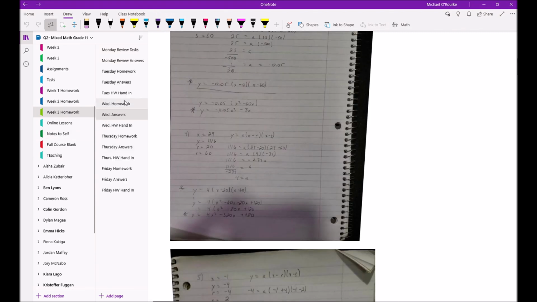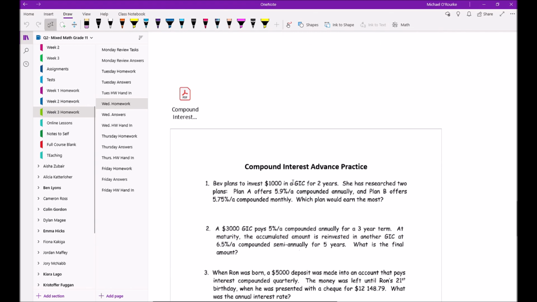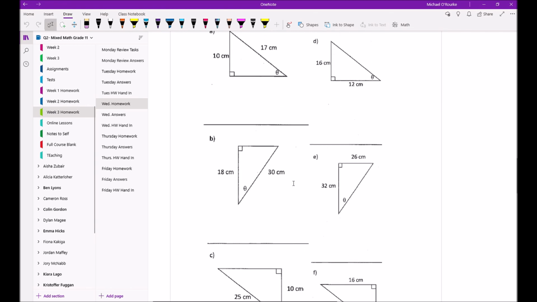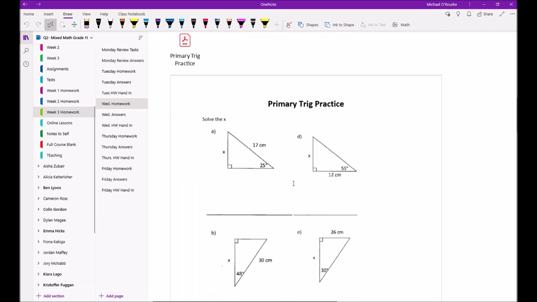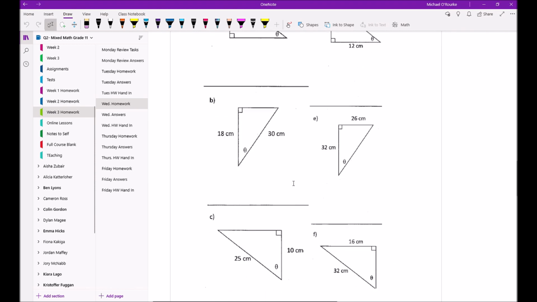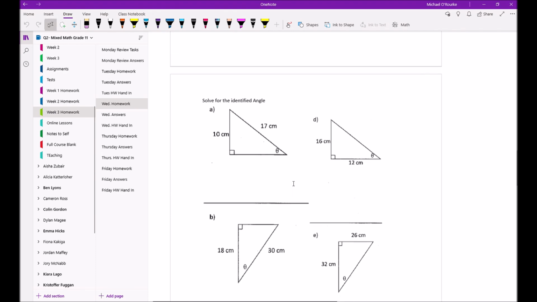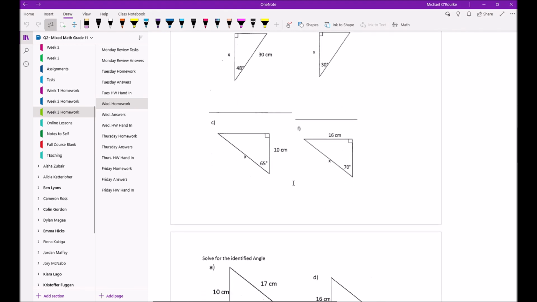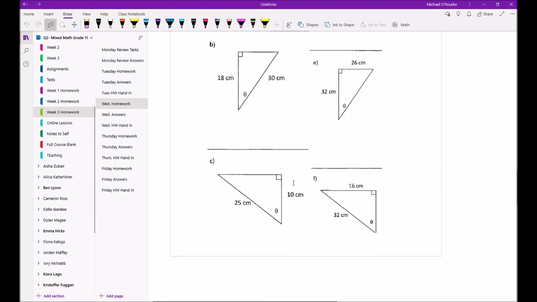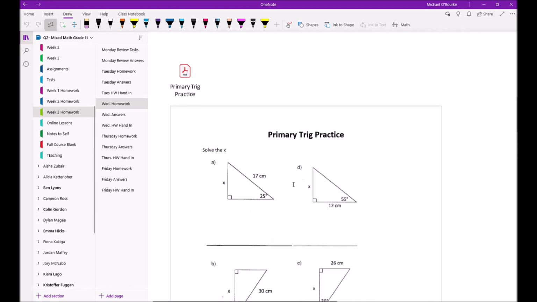Okay. So your homework has a bunch of questions. Do you have to do them all? No, I'd probably do half of them. If I were you. Pop around, do some of them, right? Make sure you do some that have angles you have to do, and some that have to do sides.